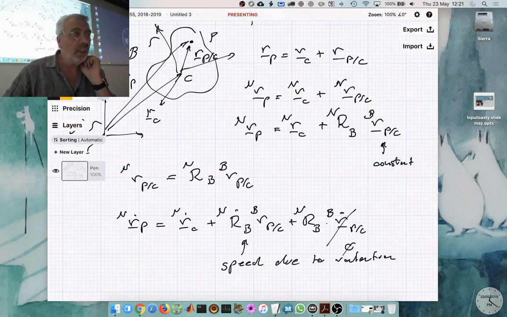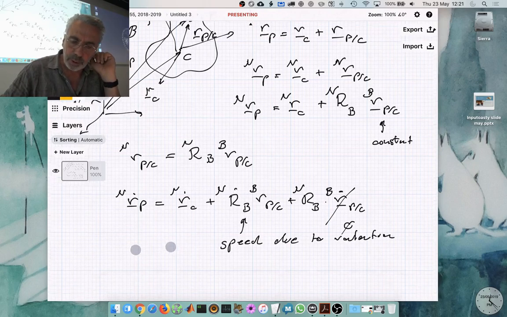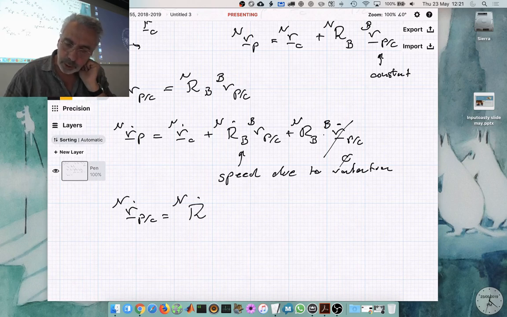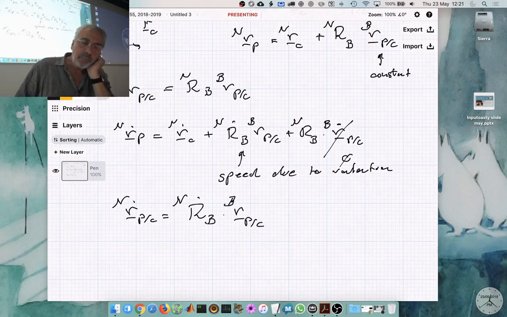I'm not interested in the other part at the moment. So apparently the r dot of P with respect to C, expressed in some coordinate system, is the derivative of this rotation matrix times this vector r_B. So this expresses rotational speed.